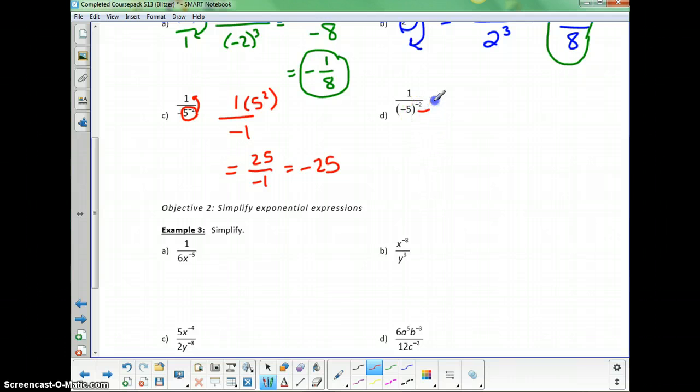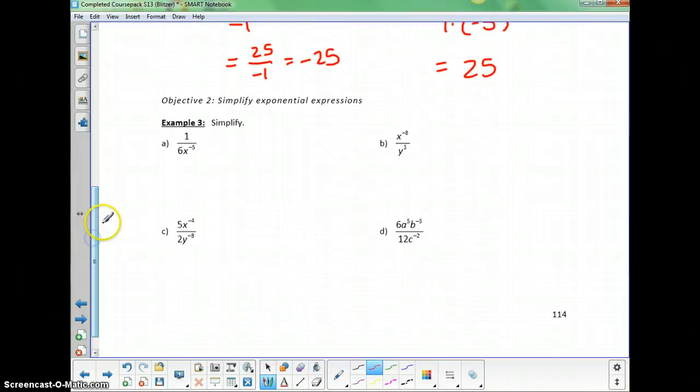Over here, the whole thing moves up to be 1 times negative 5 squared or positive 25. And these are different because 2 negatives turn to a positive, while 1 negative remains negative.